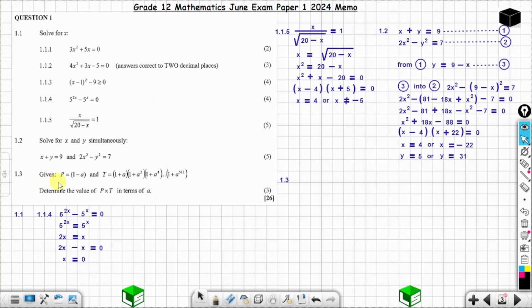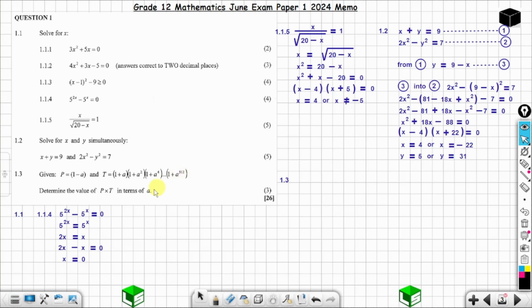Now question 1.3. You are given p is equal to 1 minus a, and t is equal to this. Can you see the pattern? For t, you have 1 plus a times 1 plus a squared times 1 plus a to the power of 4, and you have something in between, up until 1 plus a to the power of 512.